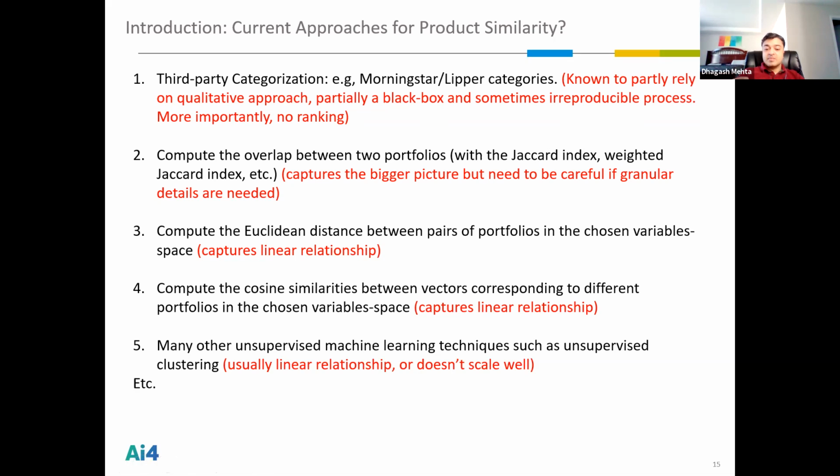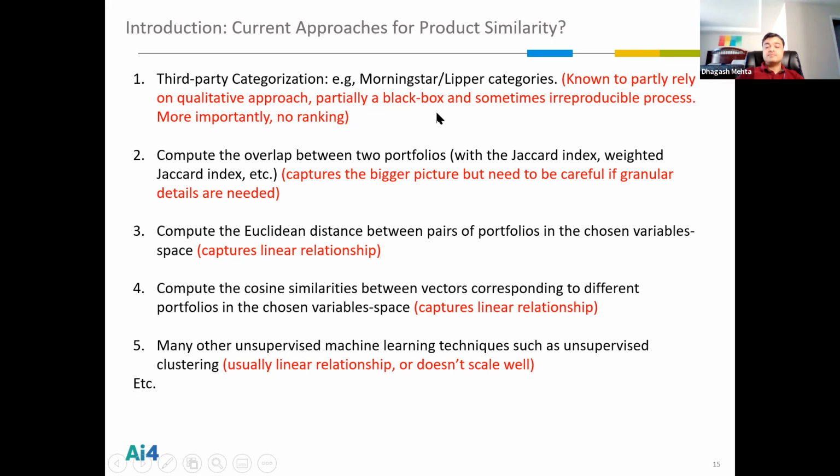So there is always some committee of experts that decide on a specific category assignment for a specific mutual fund. Okay, so there is inherent human bias in this whole methodology, and sometimes it is good, sometimes it is not. So it's open to debate, but it does have some qualitative approach and some partial black-boxness in the decision making process.